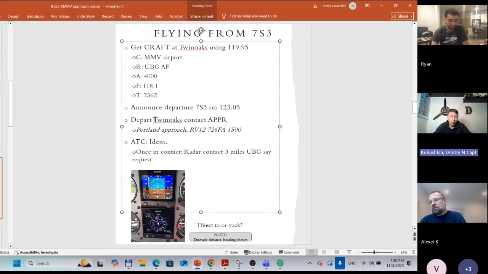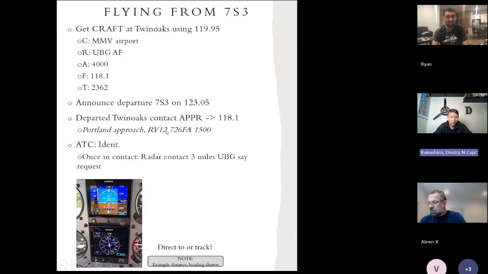And then once you've departed Twin Oaks, you contact approach. In this case, the frequency you were just given, 118.1. And the phrase that you would say must include altitude. Portland approach, RV12, 76 Foxtrot Alpha, 1,600, for example.